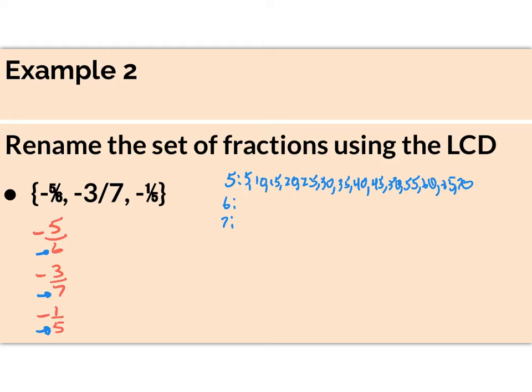Running through our multiples of 6: 6, 12, 18, 24, oh, I missed one, 30. 30, then 36, then 42, 48, 54, 60, 66, and 72. All right. Sometimes you're going to have to run through a lot of multiples to get common multiples.